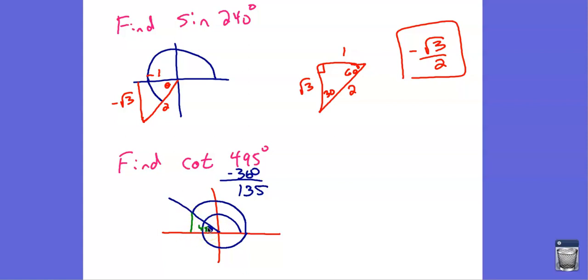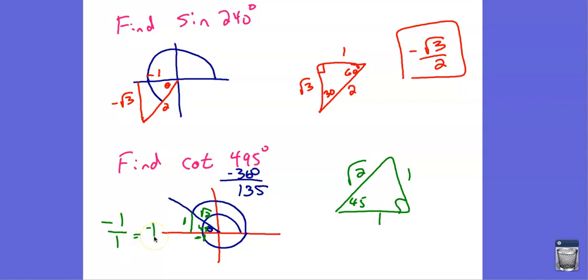Remember the relationship on a 45 degree triangle: 1, 1, and square root of 2. Because it's in the second quadrant, this is actually -1, this is a positive 1, and this is square root of 2. I'm trying to find cotangent. Tangent is opposite over adjacent, so cotangent would be adjacent over opposite. In this case, you're going to get -1 over 1, which is still -1.